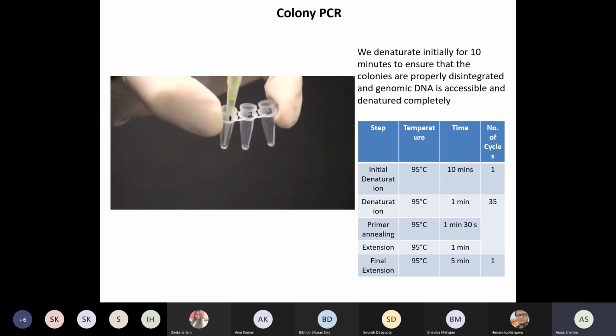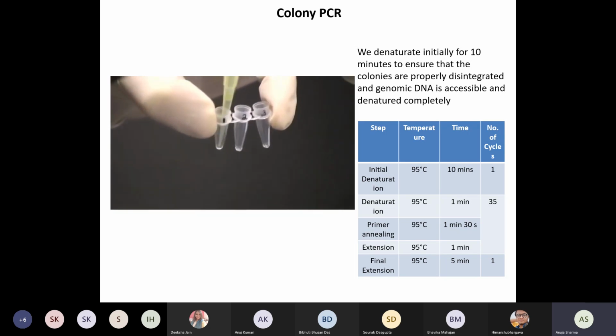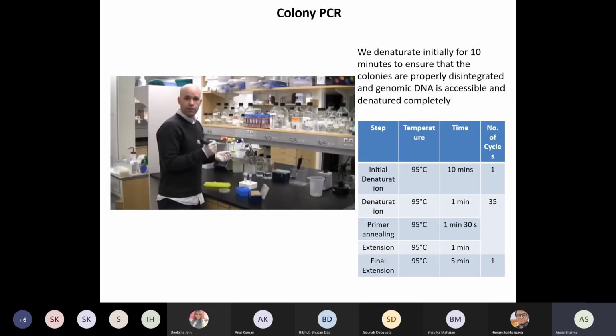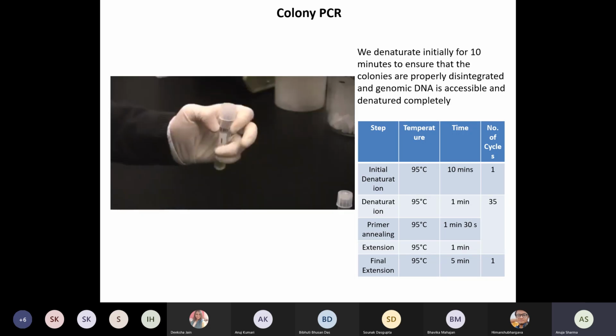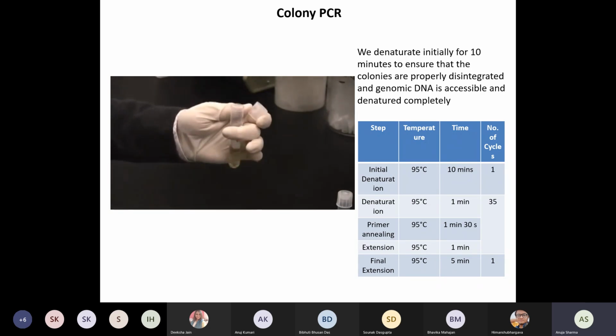You're trying to smear some of that bacteria into the PCR tube. Okay, now once you've sufficiently rubbed the tip into the PCR tube, transferring the bacteria, you're going to take that tip and transfer it into one of the sterile culture tubes. These tubes each contain LB, and in my case, ampicillin, because the gene I'm looking for is in an ampicillin-resistant plasmid.